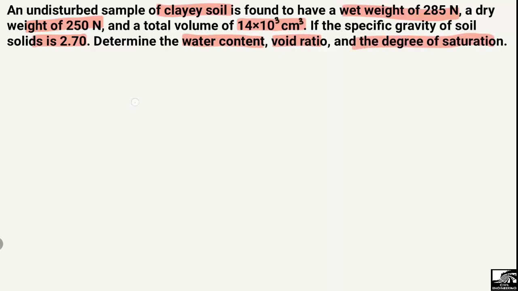To start with this problem, first we have to write out our given data. The wet weight of the soil sample is 285 Newton. The dry weight of the soil sample is 250 Newton.